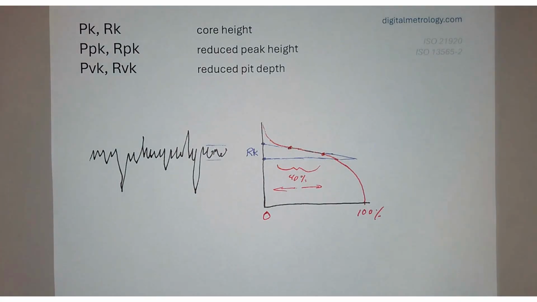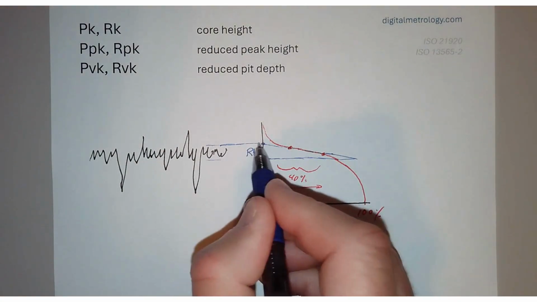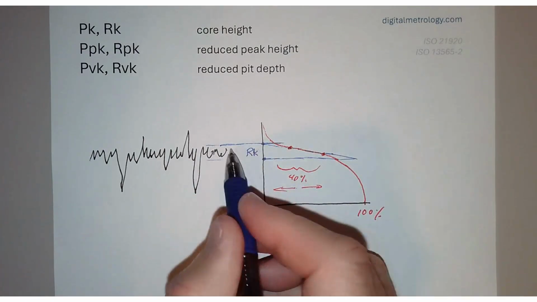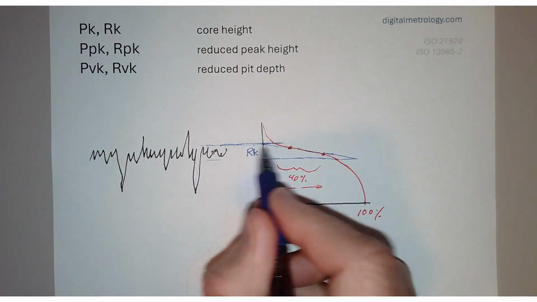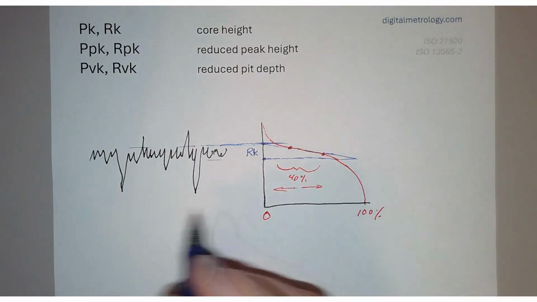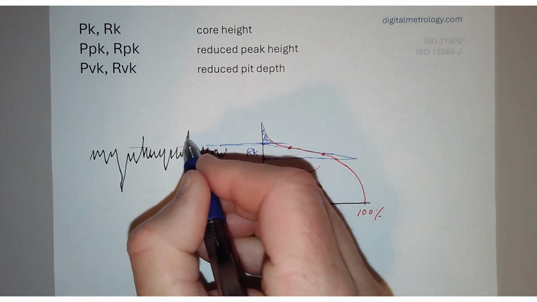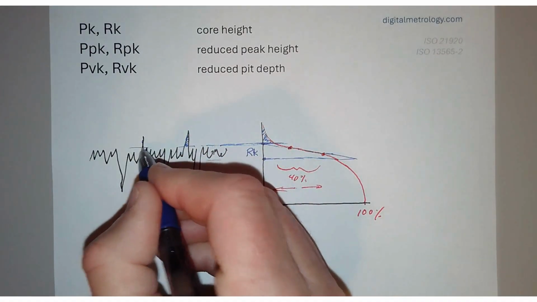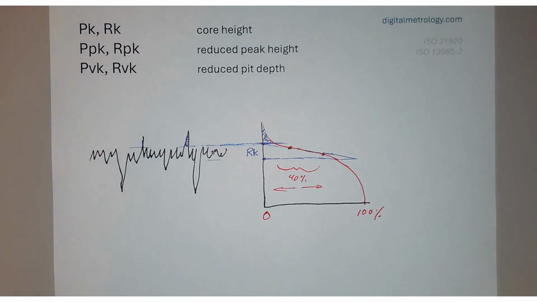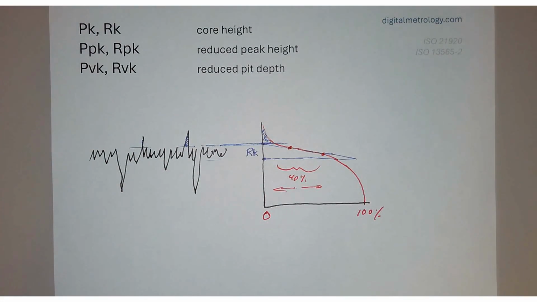Now once we have this RK line, we actually do have a height position, and we can draw a line across that height, and everything above that would be peaks. So this area above the curve here would be the area of the peaks over here. Now that area is what we're going to use to calculate an effective peak height.